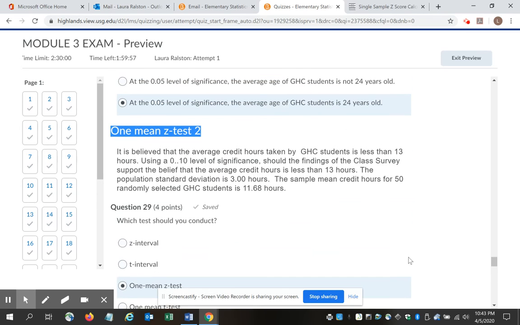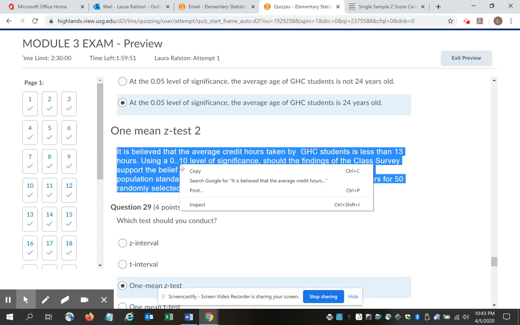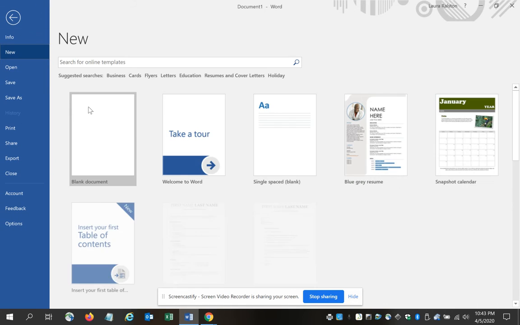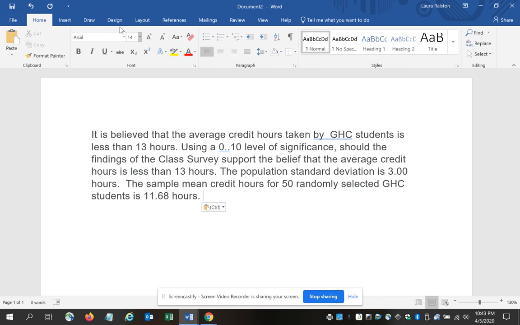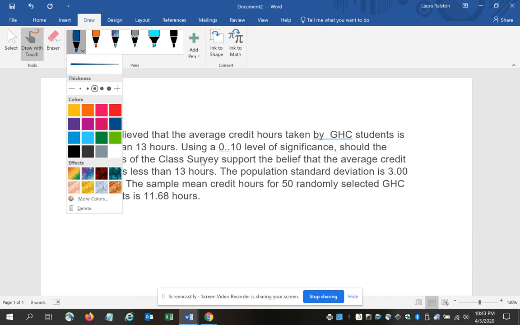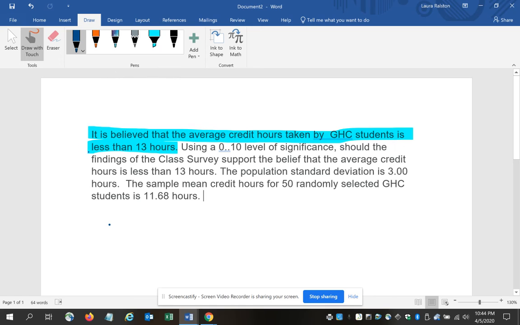Okay, I'm going to go back up here and copy the problem over into a document, so we can walk through it. It says in the first sentence, it is believed that the average credit hours taken by GHC students is less than 13. I hope that phrase "less than" makes you think of the less than symbol mathematically.